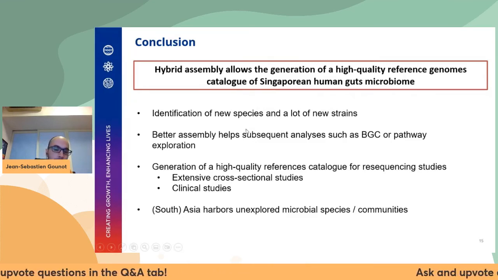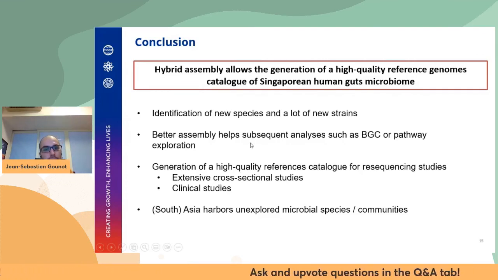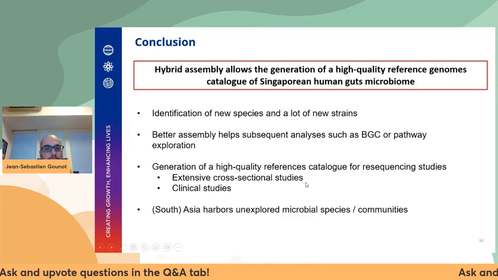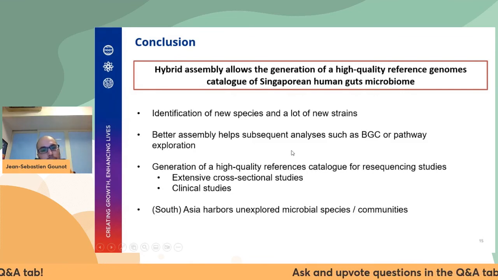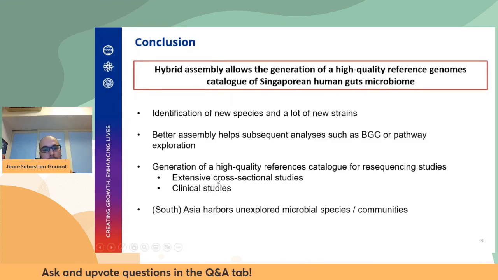And in our mind, this approach is the first step and the foundation of more which can be done. So once you have done this very high quality reference catalog, it can be used for more extensive cross-sectional studies where you use only short-read assemblies, or, in other cases, for example, clinical studies to look at very specific pathways.